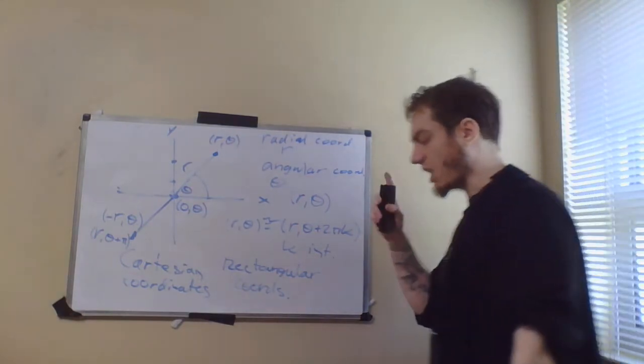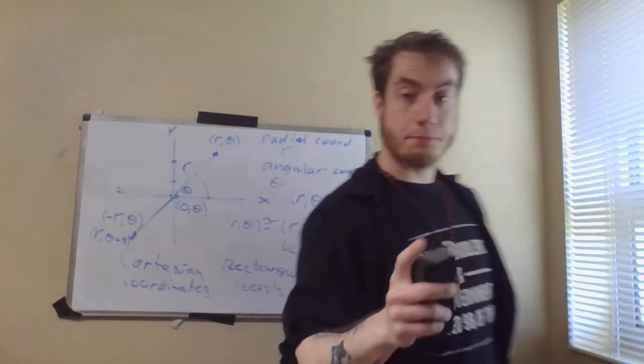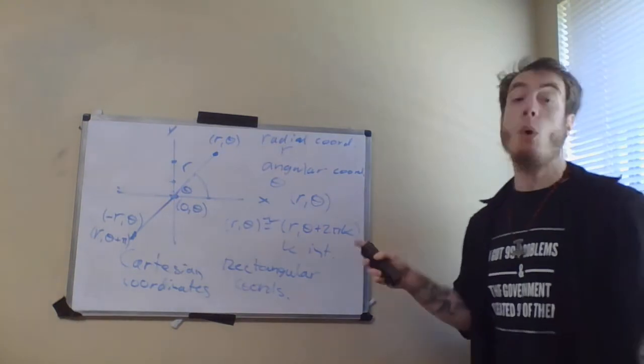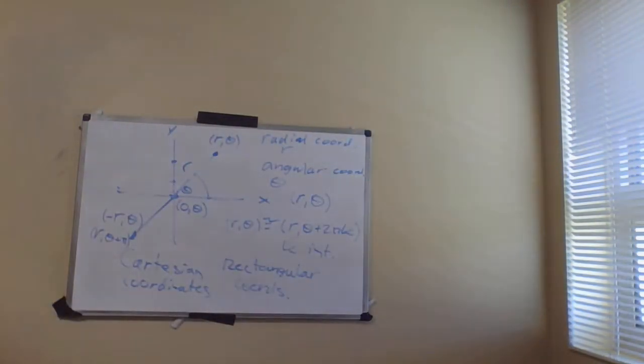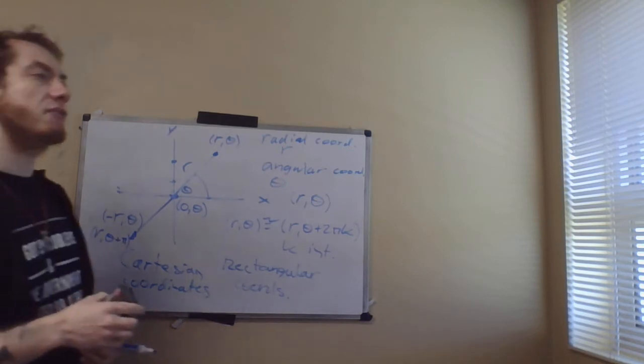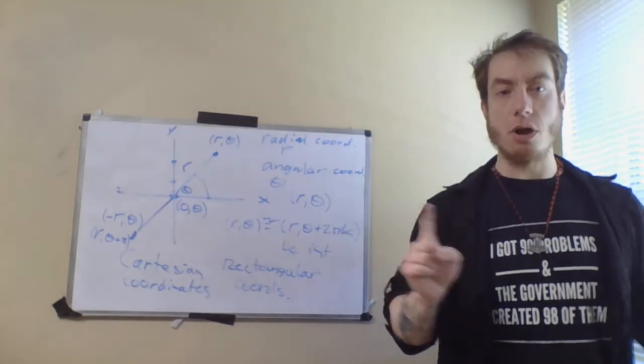And briefly, I should tell you, why are they called polar coordinates? Well, the reason they're called polar is because think about what would happen if you were standing at the North or the South Pole. Think about the latitude and longitude lines.